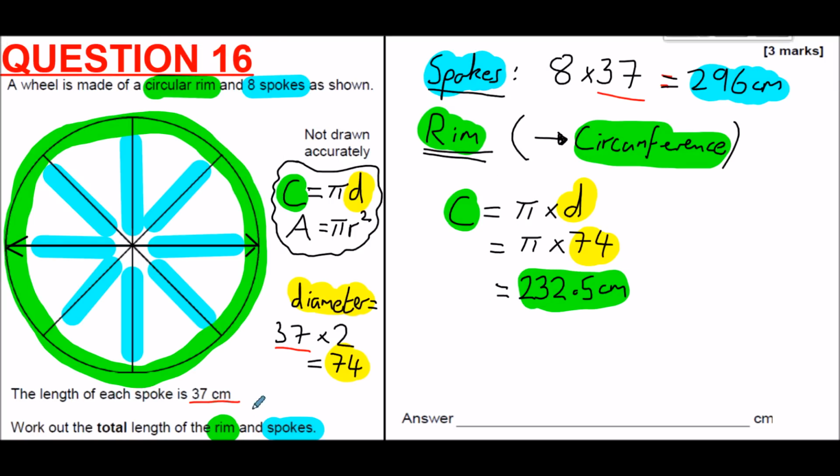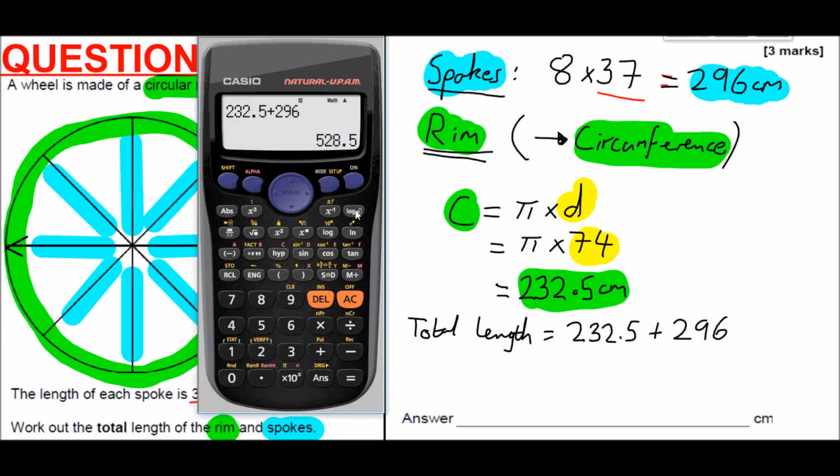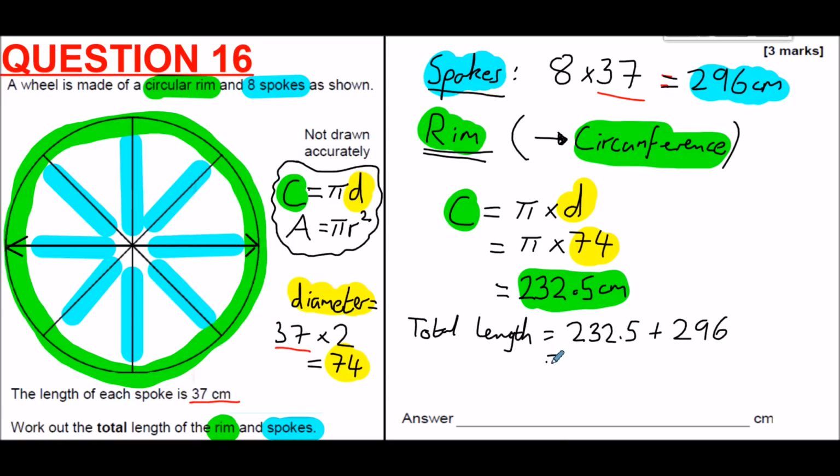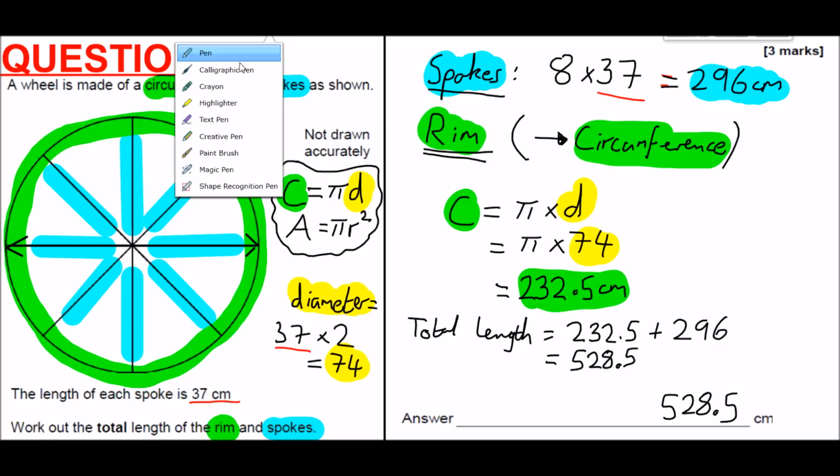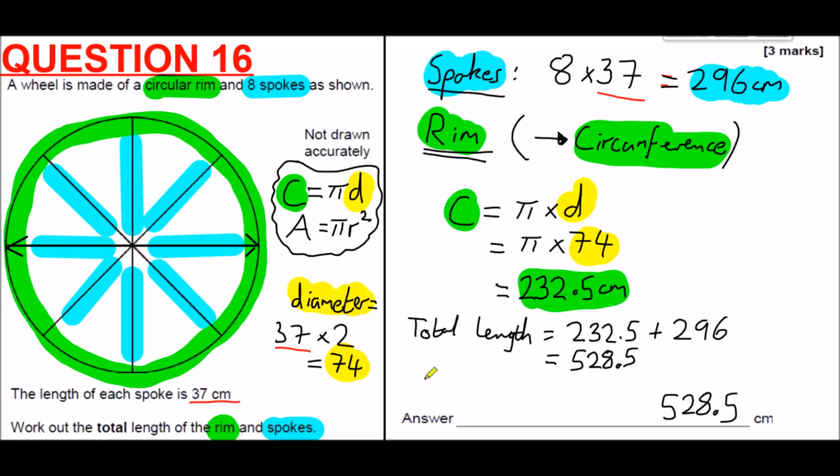So the total length is the rim, which is 232.5, added to the spoke length total, which is 296, and as we said, we get 528.5. So that's our final answer for question 16. So we've got the rim added to the spokes. That's all we need to do.